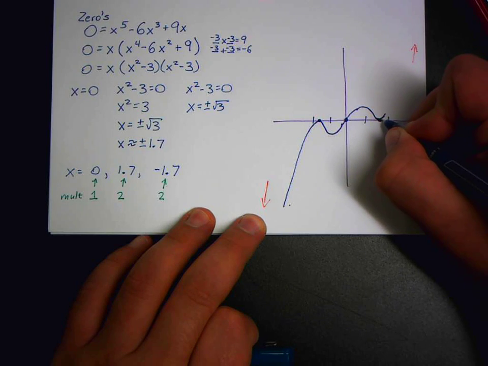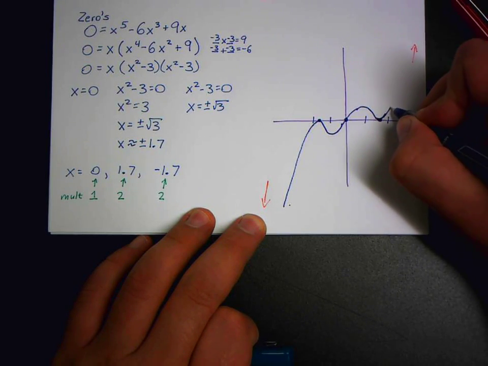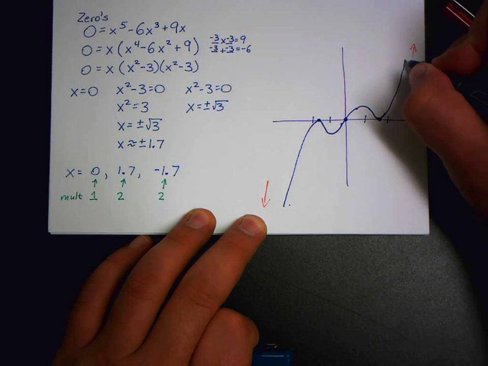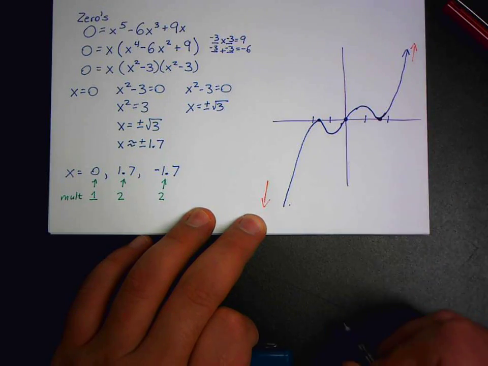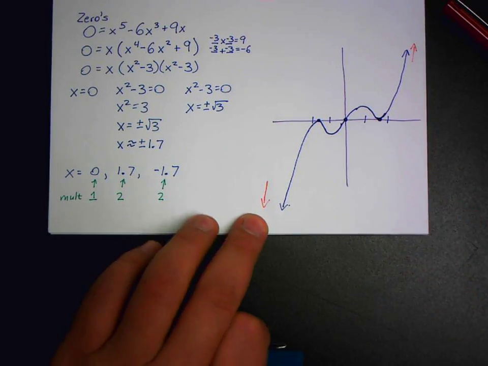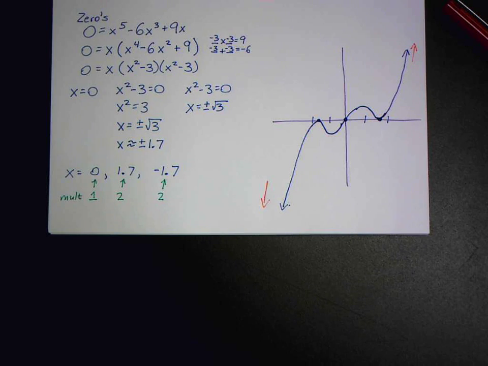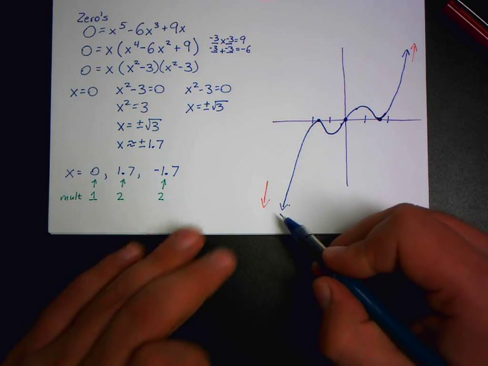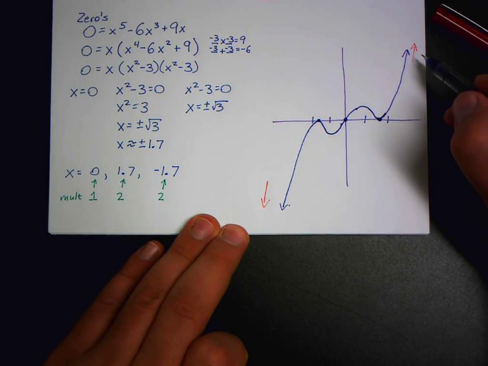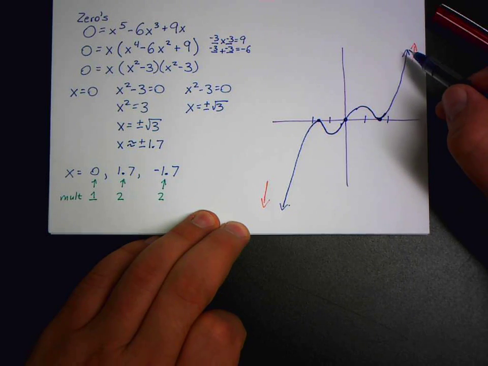Remember, I should be making curves, not corners. And then go up. Now, a good way to check and make sure that you did the correct things with your multiplicity is whenever I start down here, my end behavior up here should be up. So I should be ending in the correct place.